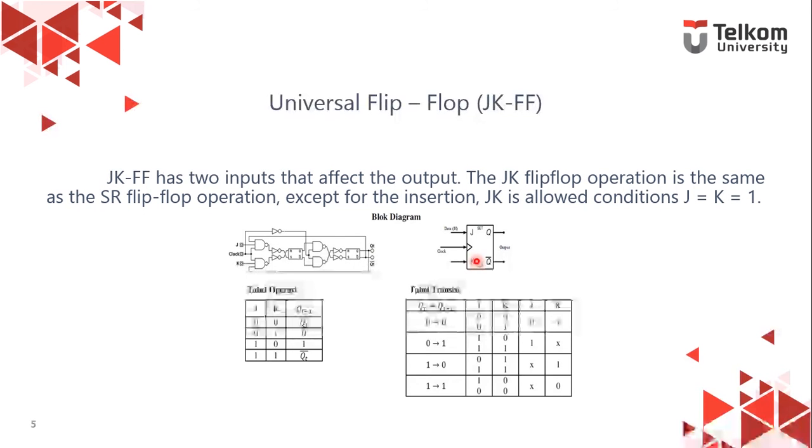The JK flip-flop has two inputs that affect the output. The JK flip-flop operation is the same as the SR flip-flop operation, except for the input condition. JK allows the condition J equal to K equal to 1. What does that mean? It means if J and K have the same value, like 0 and 0 or 1 and 1, there is an output.